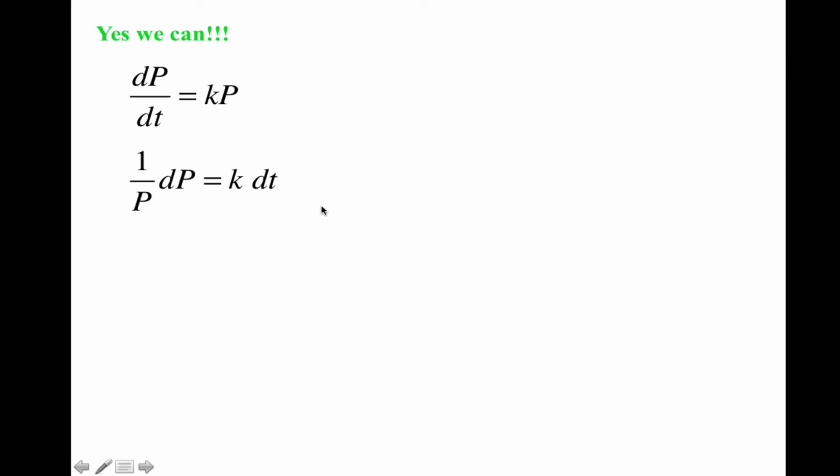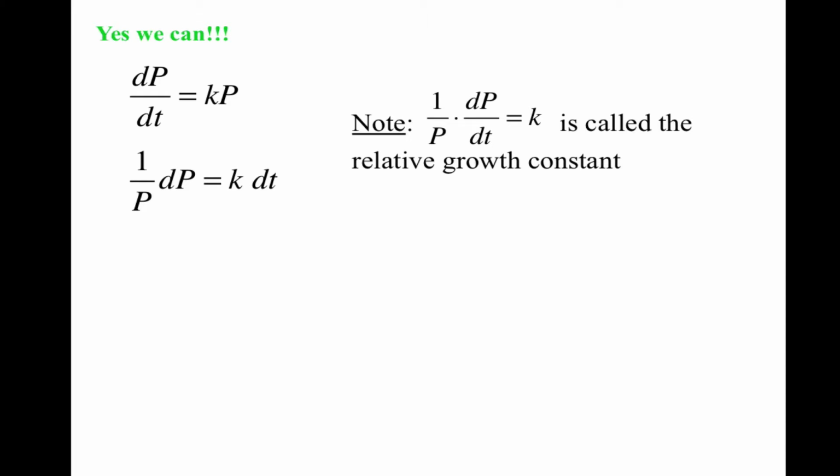Technically, it doesn't matter. Now, before I integrate both sides, just a quick side note: if I was to solve for k specifically, k would be equal to 1 over P, so 1 over the population size, times the rate of the population, is what we call the relative growth constant.